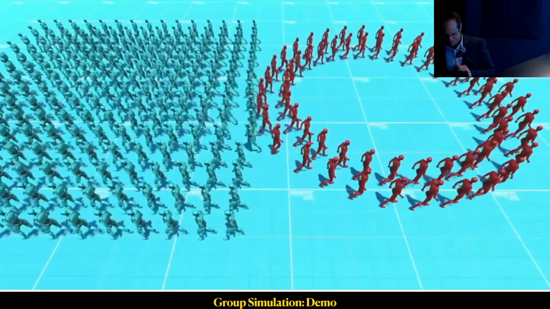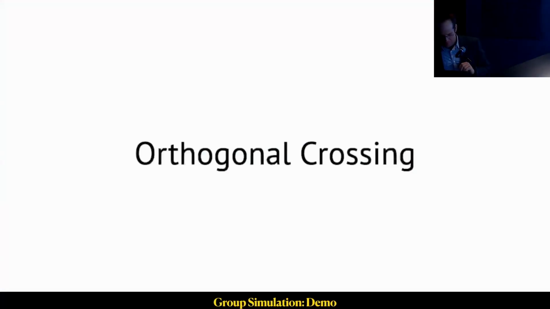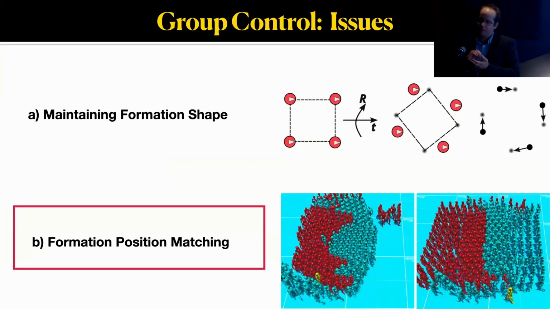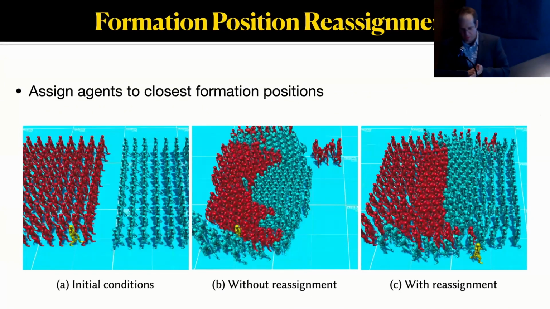I promise you. Okay, so that's problem number one. Problem number two is assigning the agents to the right position in the formation. If you look at this diagram closely, there's the yellow agent on the bottom, close to the front line. During a simulation, dynamics happen, and that formation is disturbed, as you can see here.